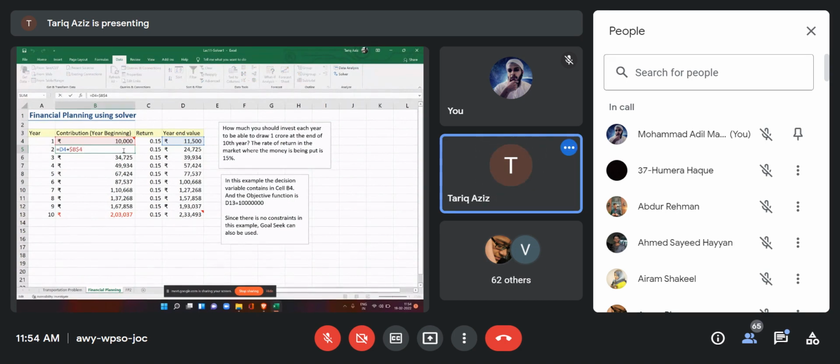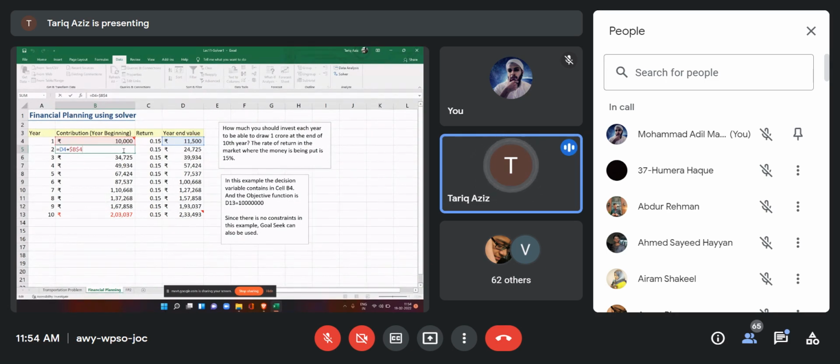So B4 is 10,000, this reference will be fixed, plus the amount that has already become 11,500. So 11,500 plus 10,000.